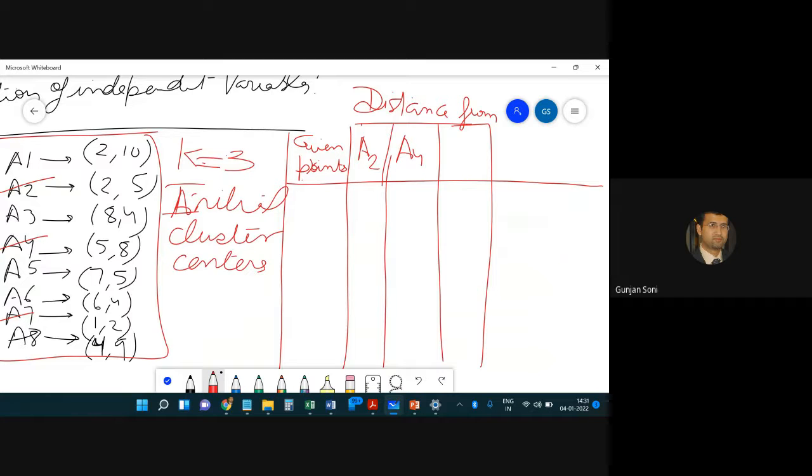A7. Okay, so we say it is cluster 1, cluster 2, and cluster 3.